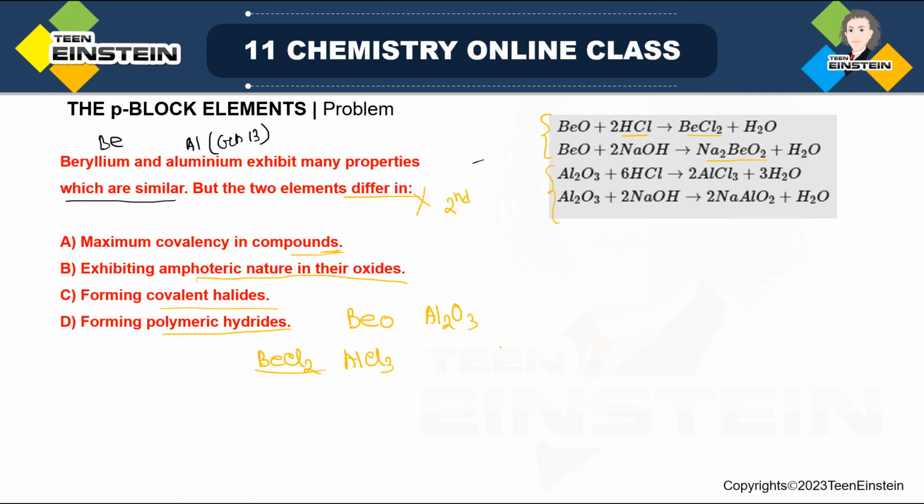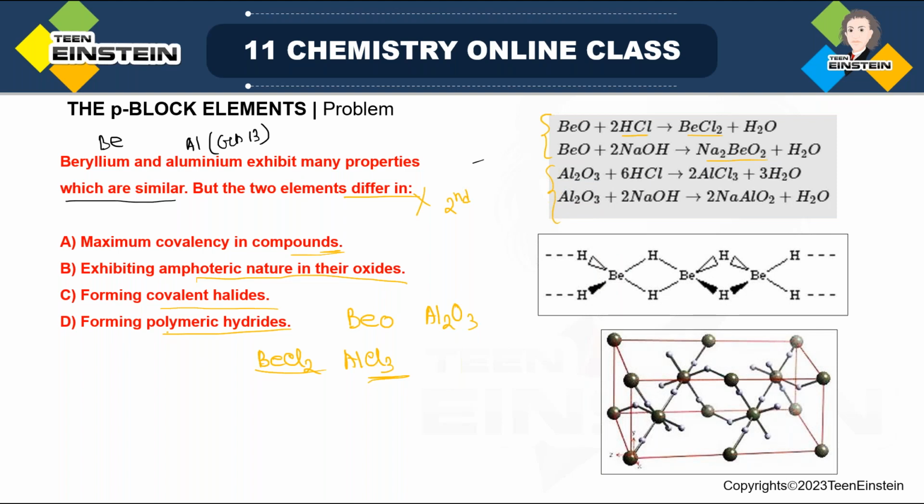As we move down from Be to Mg to Ca, gradually this covalent nature decreases, but for the first element there is some covalent character. AlCl3 is also a covalent halide. If you dissolve it in water, then it forms Al3+ ion surrounded by water molecules, and then there is some ionic nature, but as long as it is not in water, its behavior is covalent.